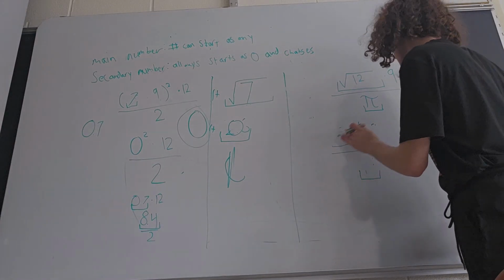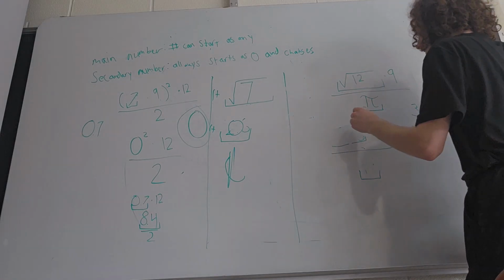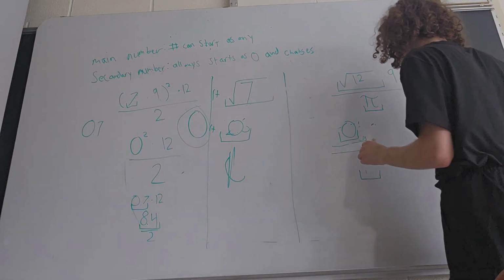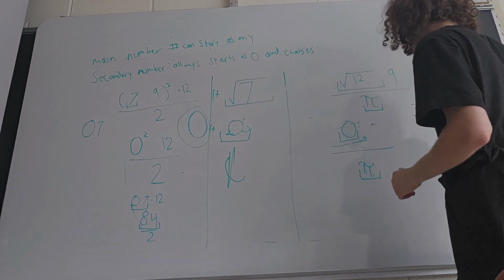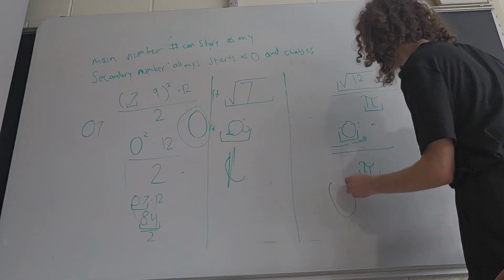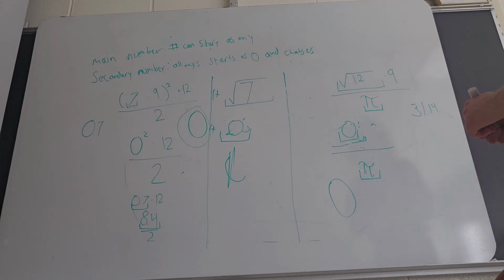Same for this. So it's 0. Well, this becomes pi. Afterwards, it is 0 over pi, or 0. That's the answer again. So, that's kind of how it works.